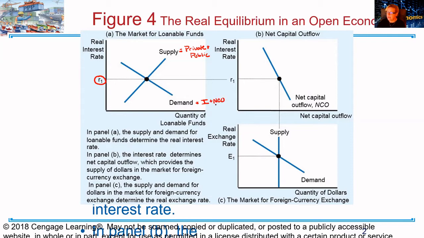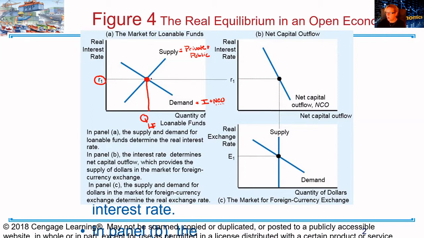You could think of net capital outflow maybe as foreign money coming into the U.S. Now, here we have the interest rate. That's the balancer between these two. Where the demand for loanable funds and the supply of loanable funds equal each other will be the quantity of loanable funds that we have domestically. We've looked at that in other chapters.